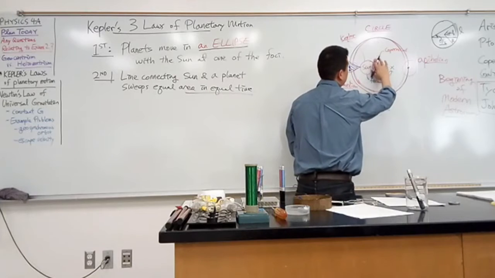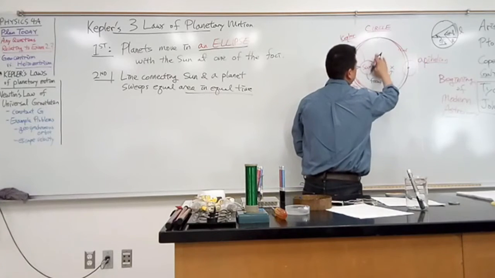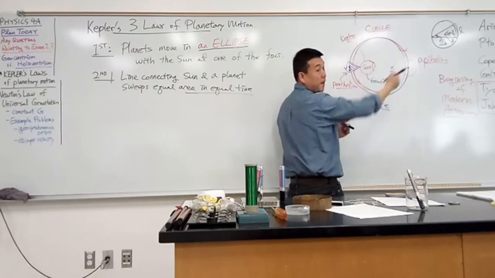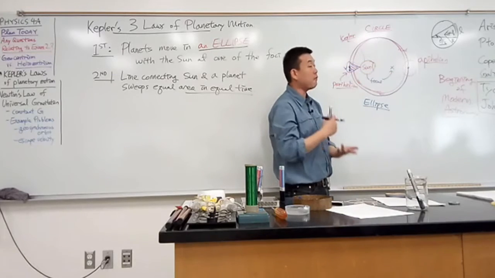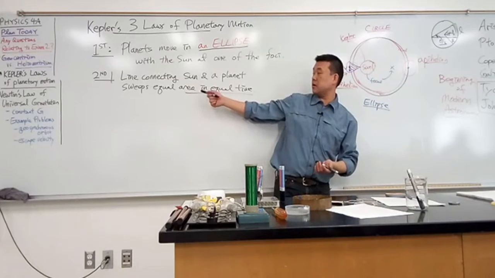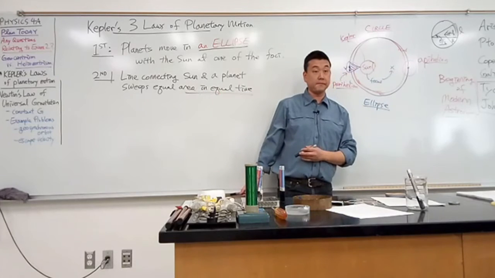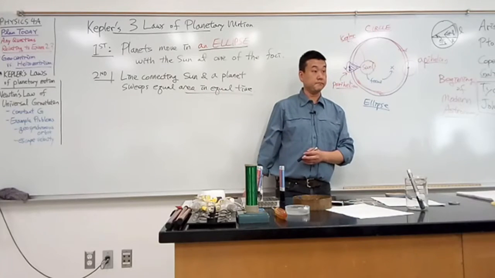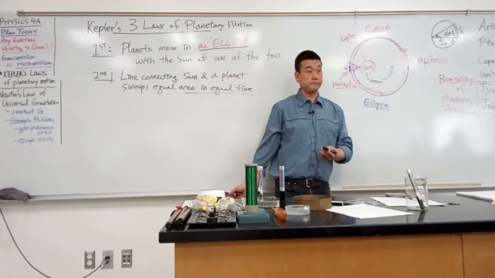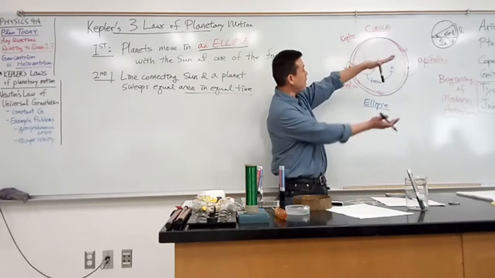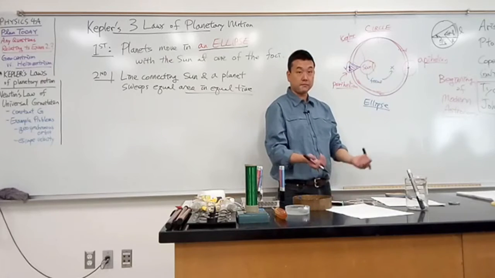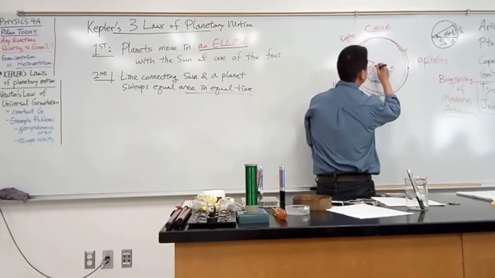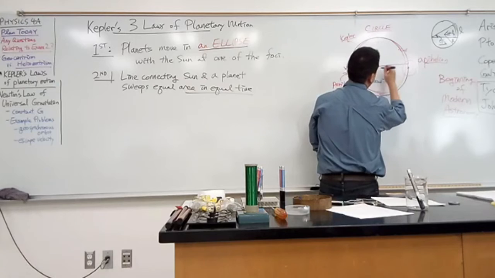Let me get rid of the wrong Copernican sun. So it's farther away. How do you think this angle will be different if our requirement is that it covers equal area in equal time? Same angle, larger angle, smaller angle? Smaller angle, right? If your pizza radius is larger, you need a smaller slice to get the same amount of pizza.